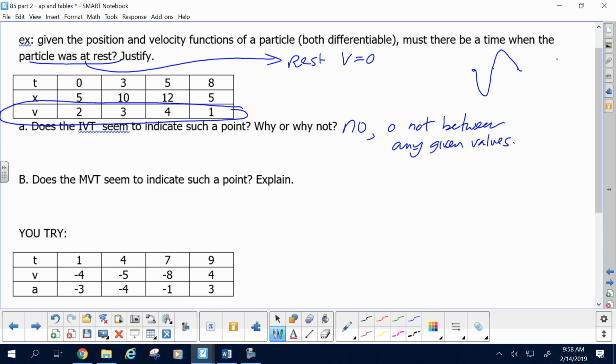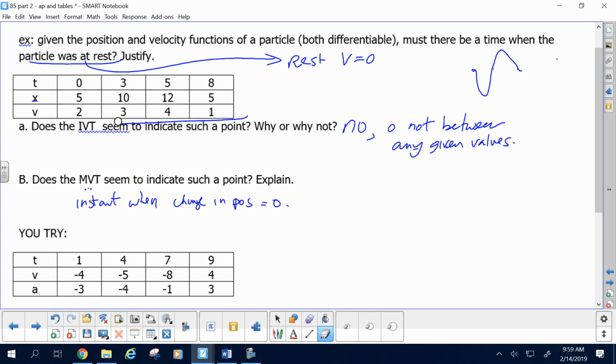Look at the MVT. MVT would mean is there an instant when the change in position is zero? So what I want you to do is, instead of looking at the V row, look at the X row. Was there any pair of points where the net rate of change was zero?